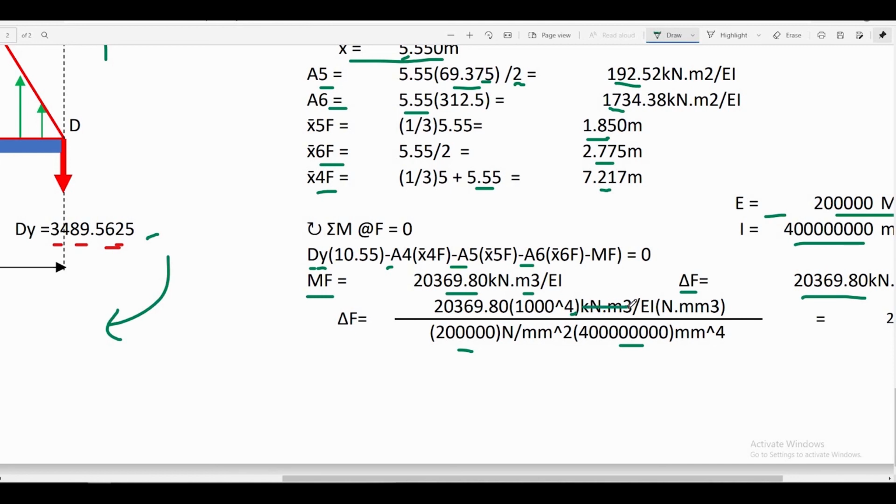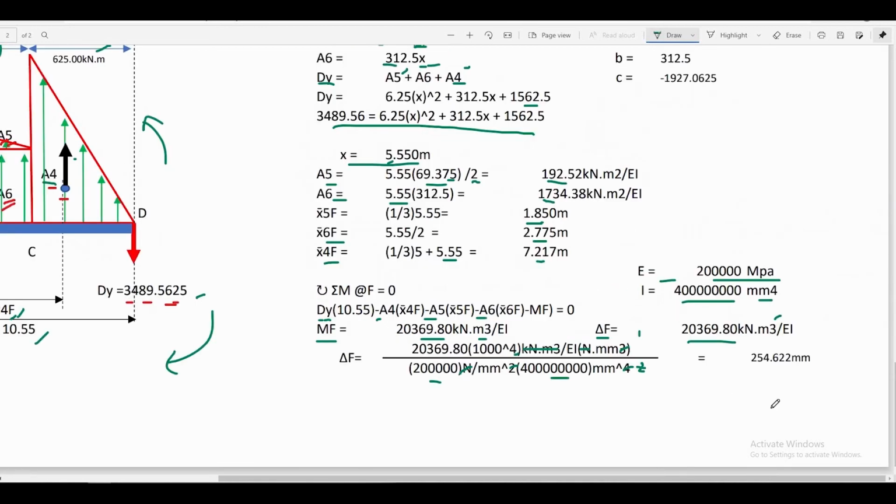Then we can see that kilonewton cubic meter will become Newton cubic millimeter, and for Newton and Newton it will cancel out. Millimeter raised to 2 into millimeter raised to 4 will be squared, then squared into cube. What is left is mm, and that is our unit for the deflection at point F of our real beam, and that is equal to 254.622 mm.